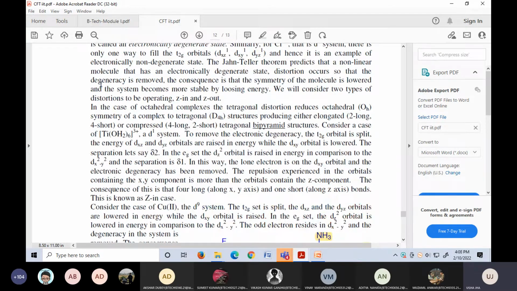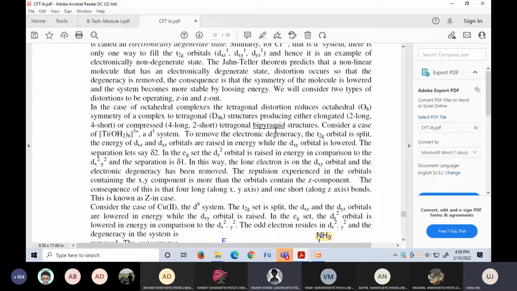We'll consider 2 types of distortions to be operating, Z in and Z out. In the case of an octahedral complex, such distortions are termed tetragonal distortions. So what happens is that it doesn't remain a complete octahedral structure. Distortion takes place, either elongation of the Z arm or compression.